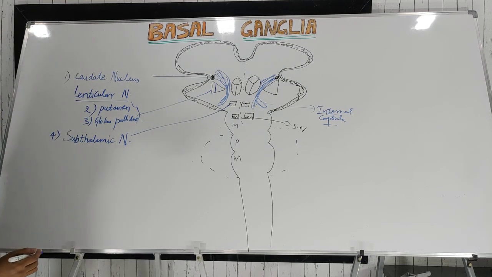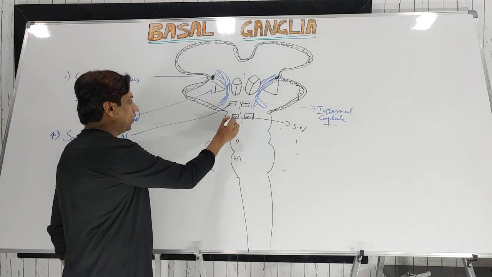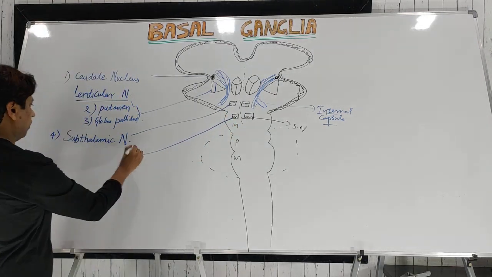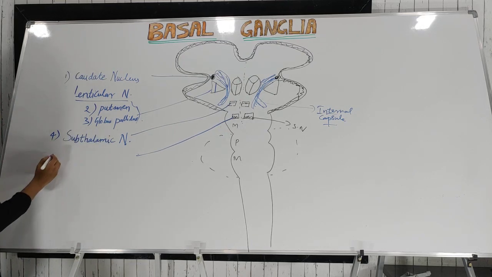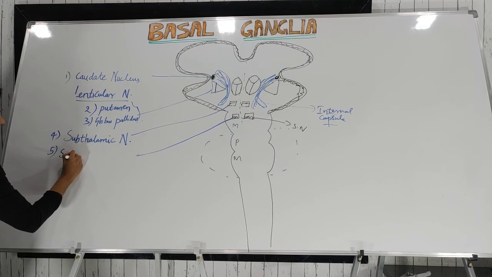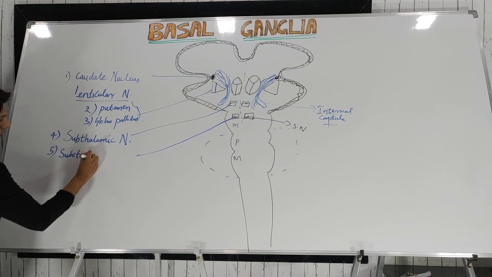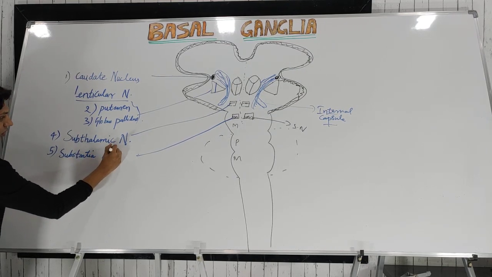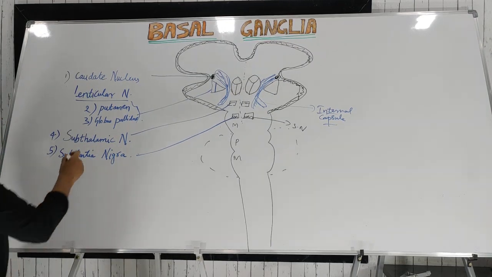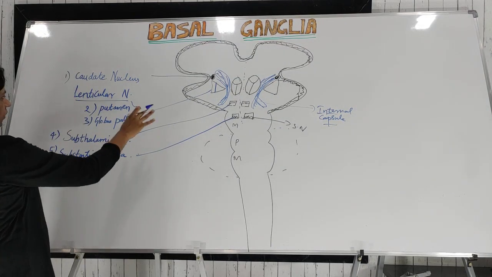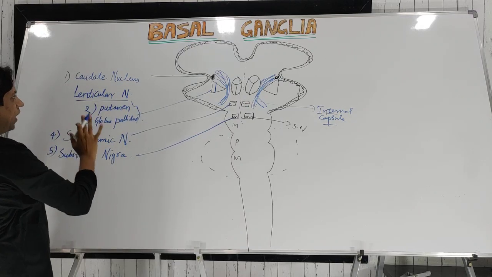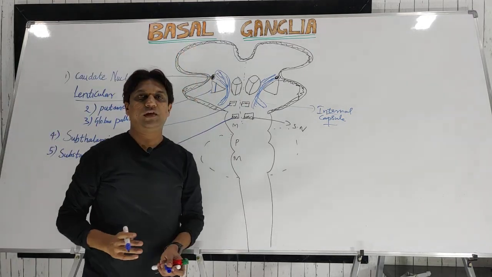And finally in the midbrain, that is in the upper part of the brainstem, we get one more mass of gray matter that is known as substantia nigra.